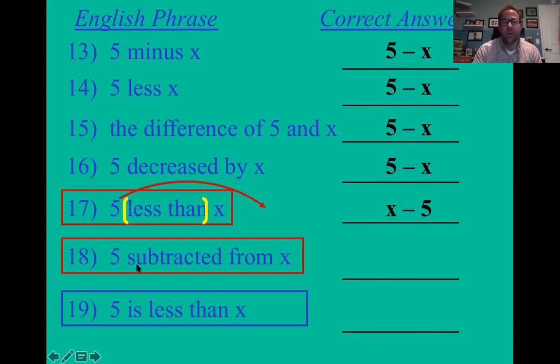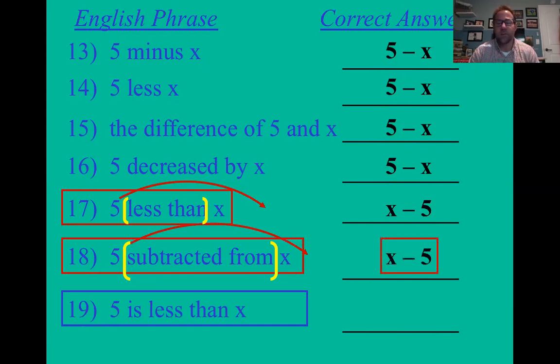Okay, number 18, 5 subtracted from x. So we're taking it away from. This one is going to be like 17. We've got combo words, and that tells us the 5 is going to go to the back, and this would be x minus 5.